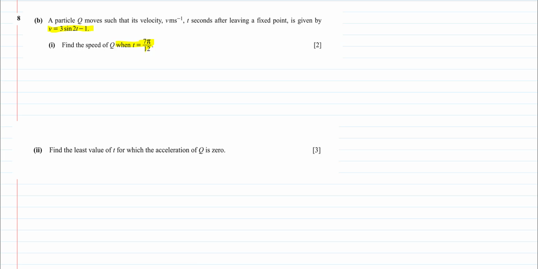That means the velocity is going to equal 3 times sine of 2 times 7 pi over 12, minus 1. And that is equal to 3 times sine, and the 2 will cancel with the 12, and we'll be left with 6. So that's going to be 7 pi over 6, minus 1.